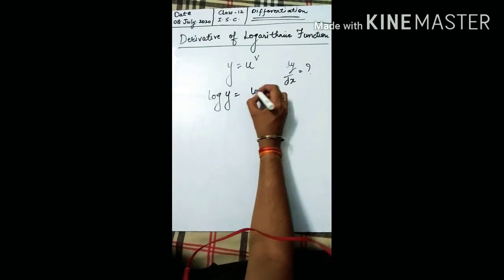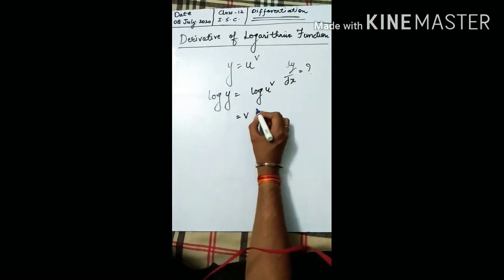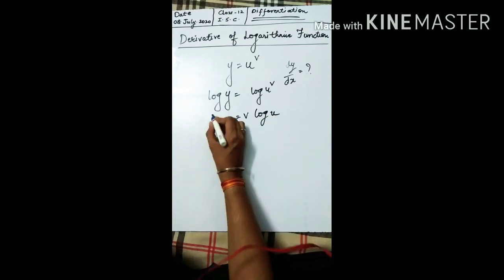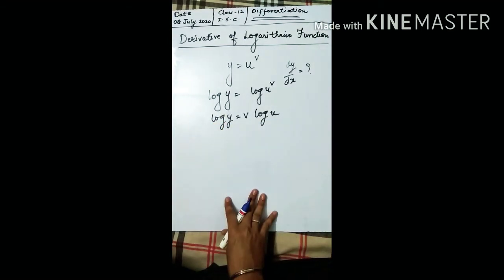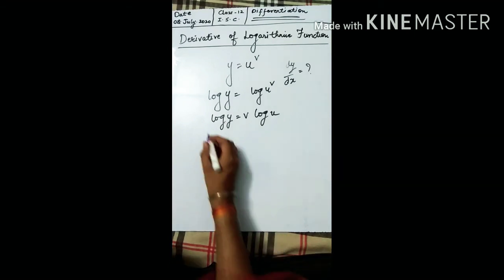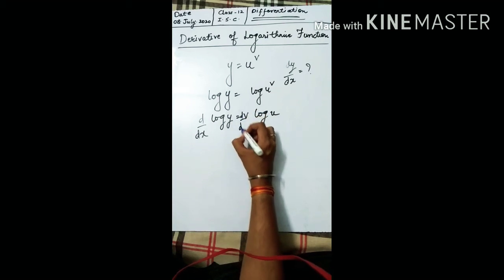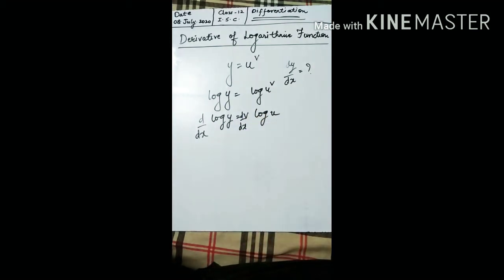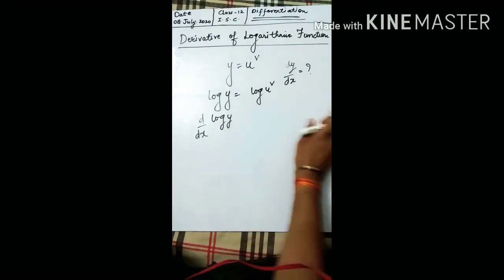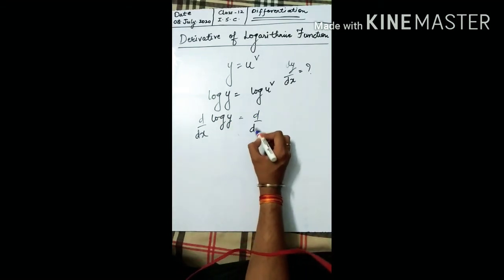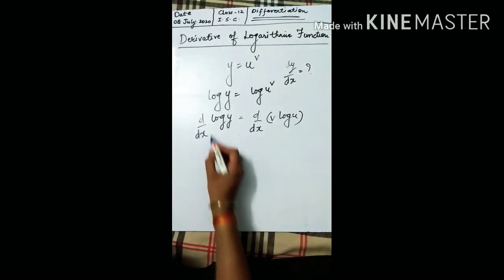So log y is equal to log of u to the power v. This v can come to the front, so it is v log u, and this is log y. Now differentiate this with respect to x, putting d/dx on both sides.